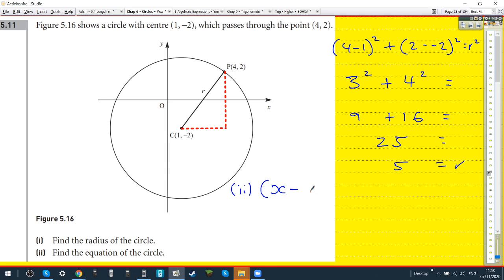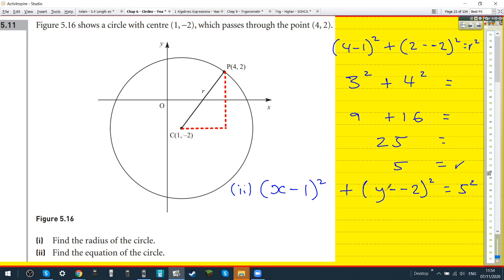Minus 1, because that's the center. x minus 1 squared, and then plus y minus 2, minus 2, squared equals 25 squared. You have to pick one. It's either 5 squared or 25. Oh, 5 squared, sorry, yeah.